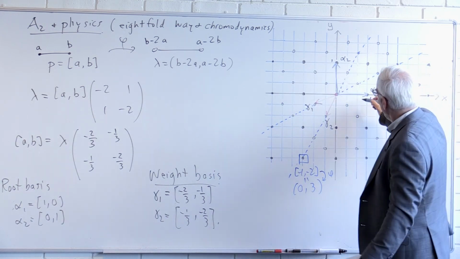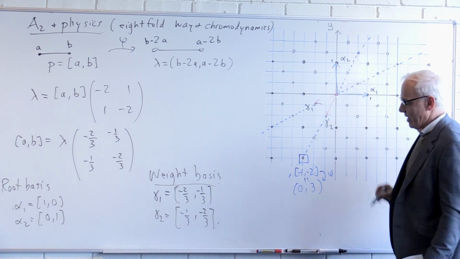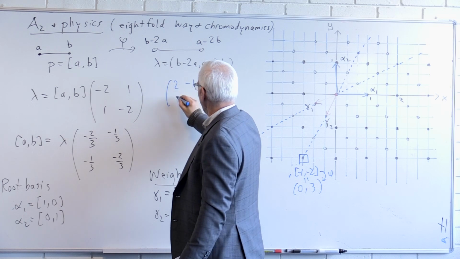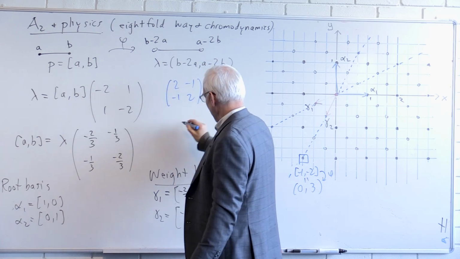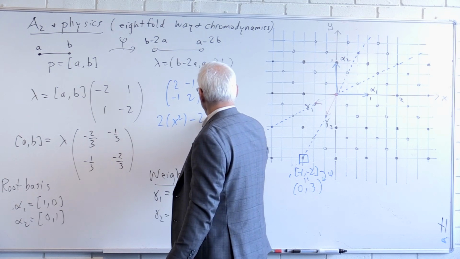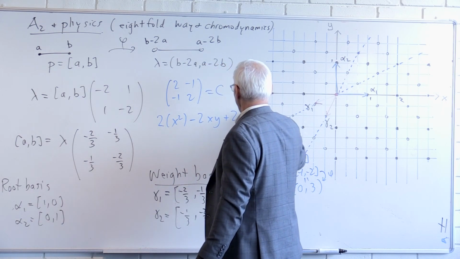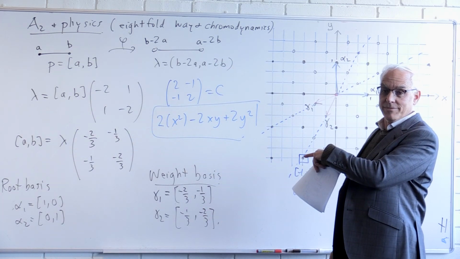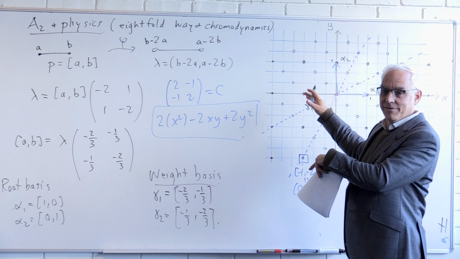So when we reflect in alpha 1 here, we're really reflecting with respect to this quadratic form. That's the C matrix. And the quadratic form is 2x squared minus 2xy plus 2y squared. So we're not talking about a Euclidean quadratic form. It's not a Euclidean reflection.